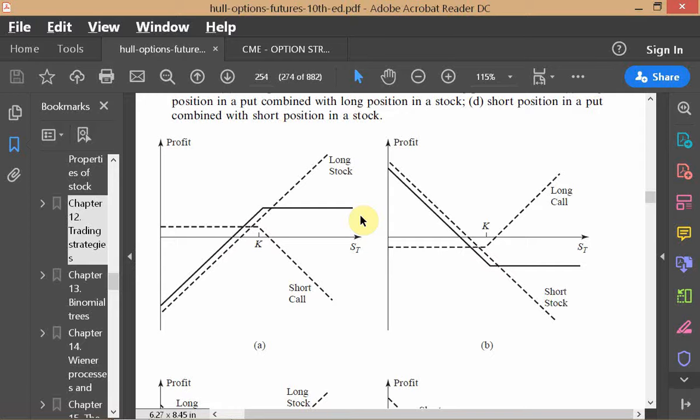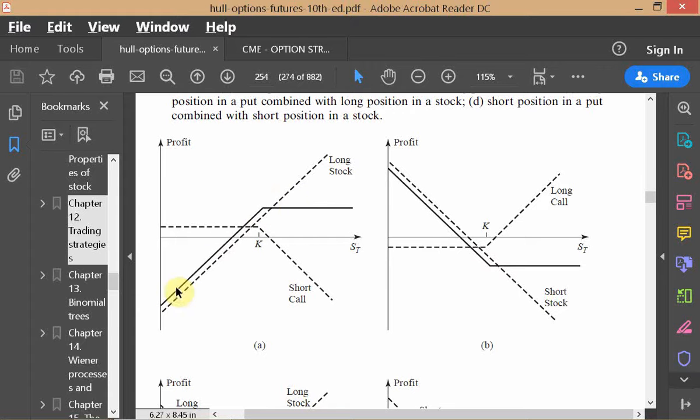Are you following what we want to create? You should understand the logic that what you are trying to create is this solid line, which is the short put profile. Is this clear? Yes, sir. Okay. So now you are trying to create this. The left hand side of it you have already created by going long the underlying.